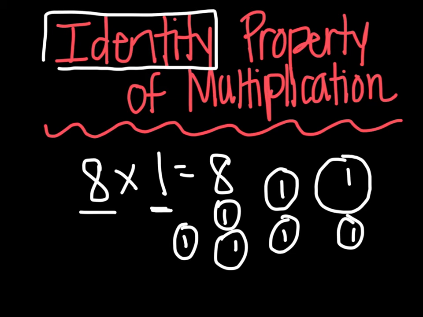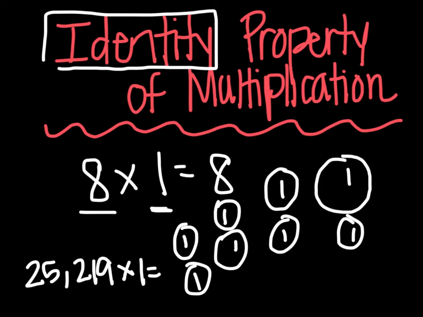So your identity doesn't change. Any number, whether it be 5 digits or 1 digit, is going to always be the same number.